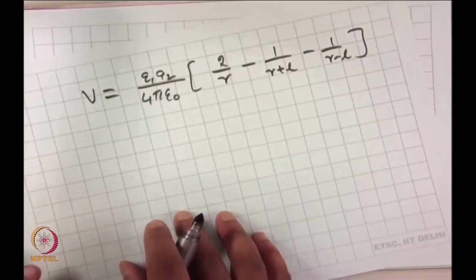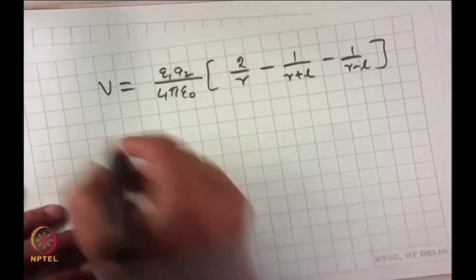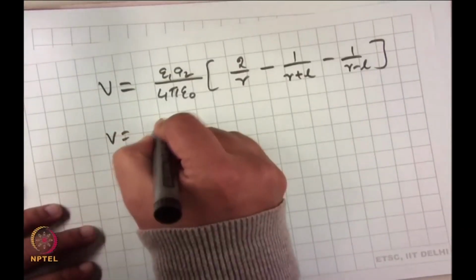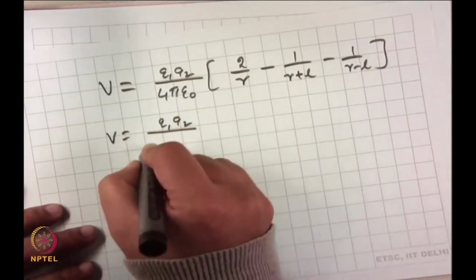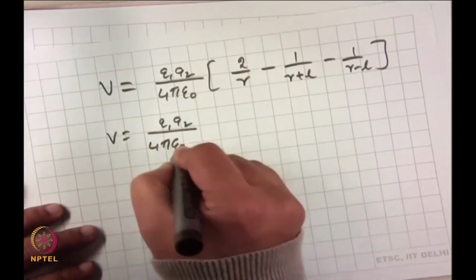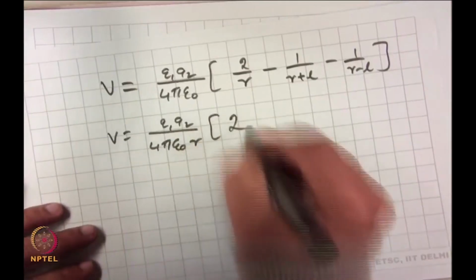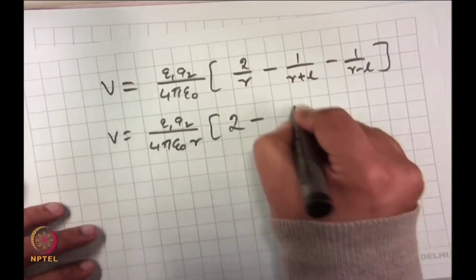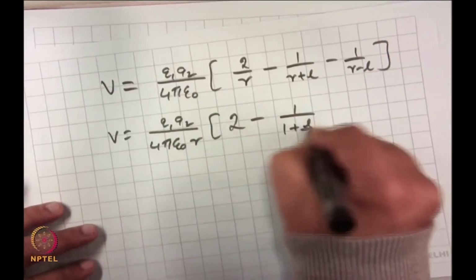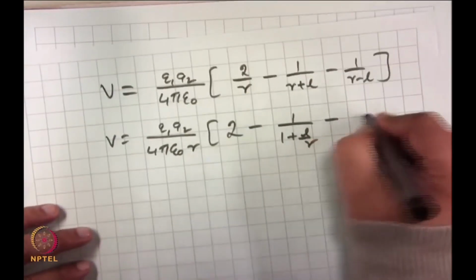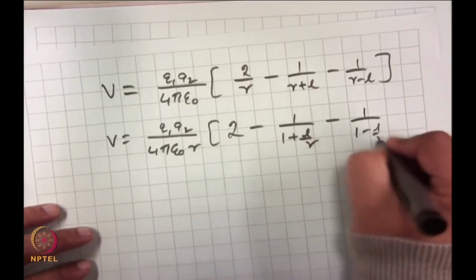I do not think I am missing anything, right? Okay. So, then I do one more simplification. I say 4 pi epsilon 0, I take r out again, and what I do is I get 2, then minus 1 by 1 plus L by r, minus 1 by 1 minus L by r.